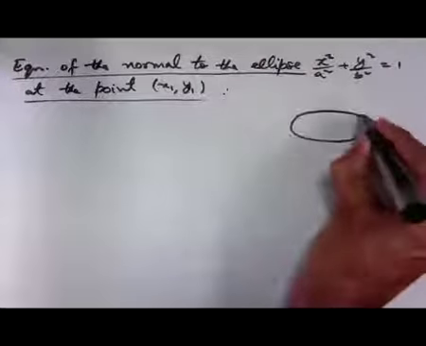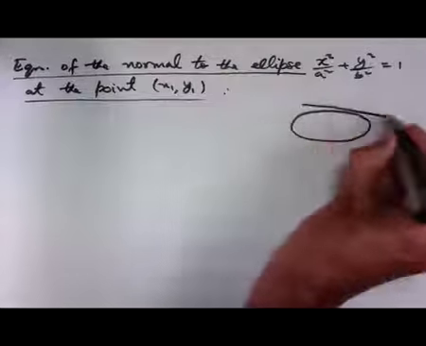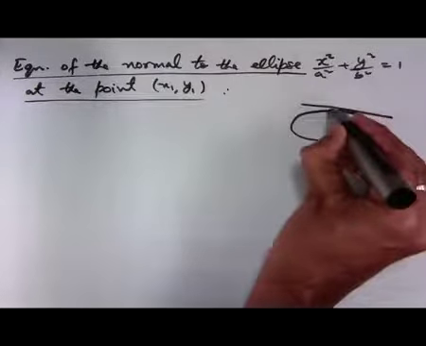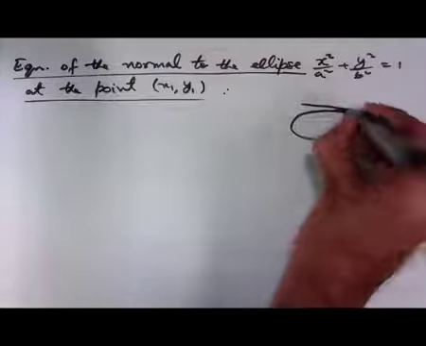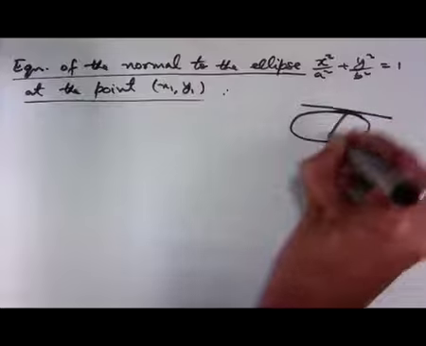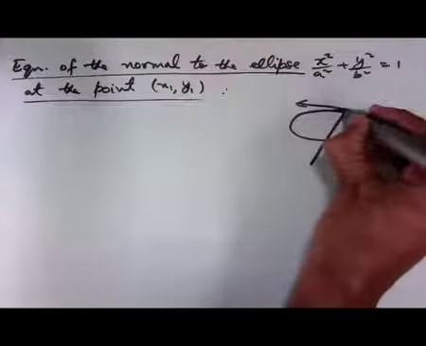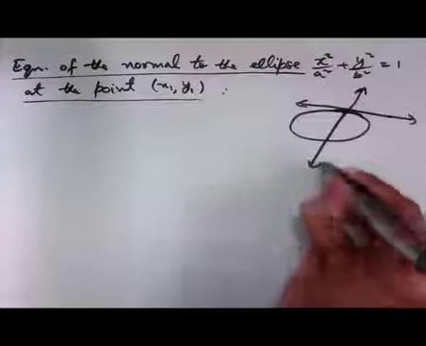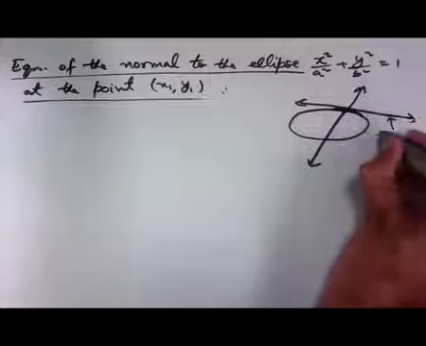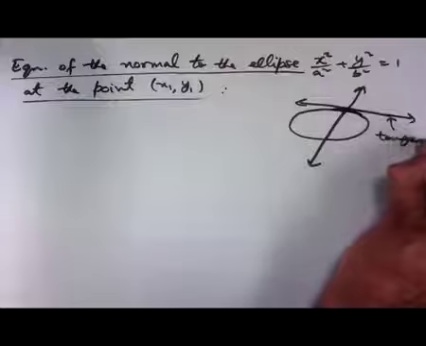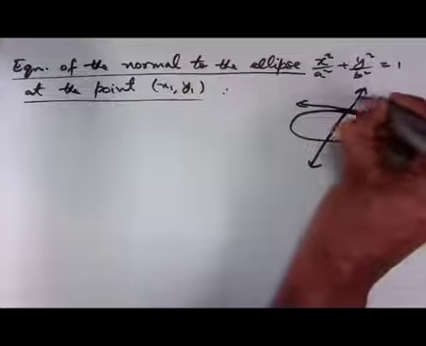So, what is the normal to a curve? It is the line which is perpendicular to the tangent line. So, this is a tangent line and this one is normal.